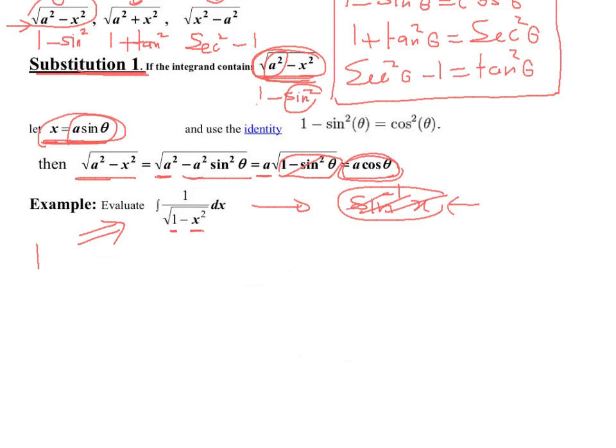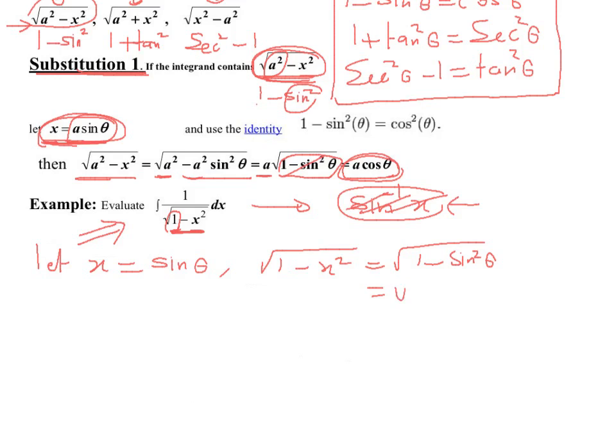Now, we are going to take x equal a sine theta, like we said here, because it looks like 1 minus sine square. So we'll take x equal a sine theta. A square is 1, so a is 1, so that will be sine theta. So root of 1 minus x square will become root of 1 minus sine square, because x is sine theta, and this is equal to root of cosine square, which is equal to cosine.